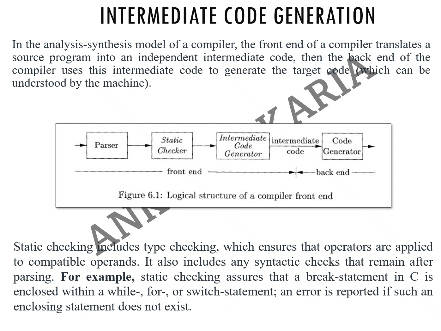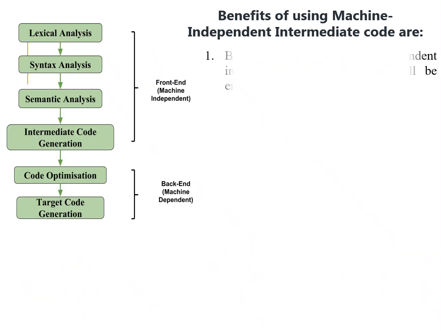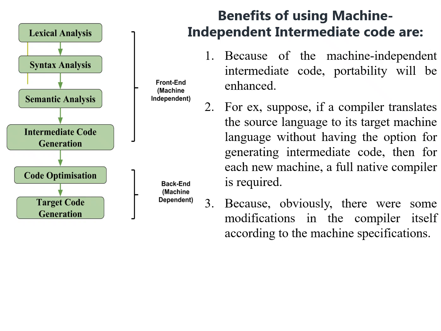Thus, whenever the intermediate code generator is generating an intermediate code, it assumes that the static checking is already done by the compiler. What is the task of intermediate code generator? As I said, it is responsible for converting the semantically verified parse tree into an intermediate code which is not tied up to any machine.